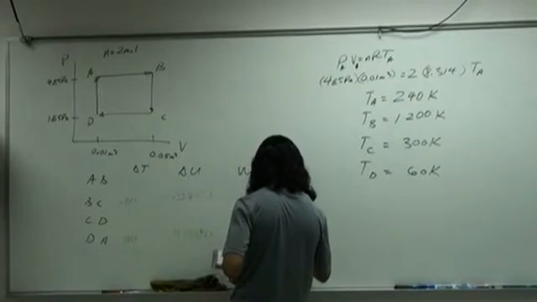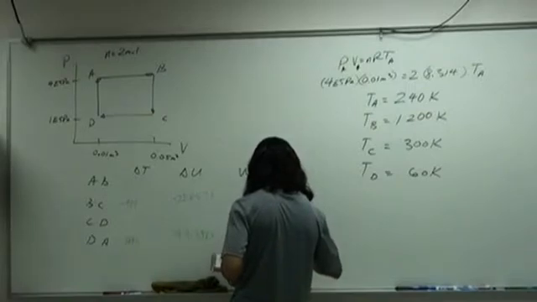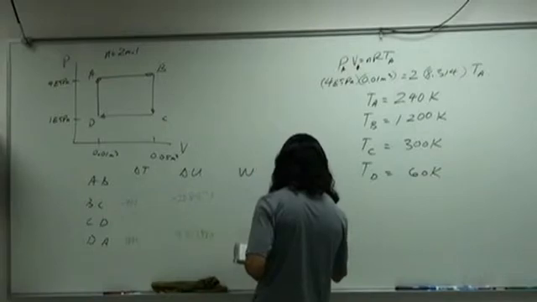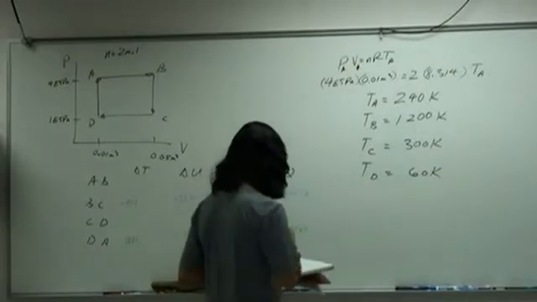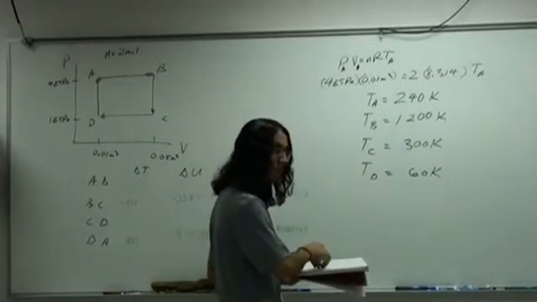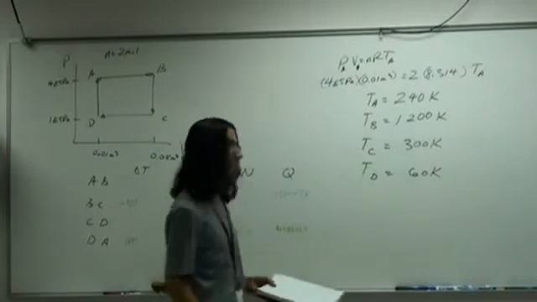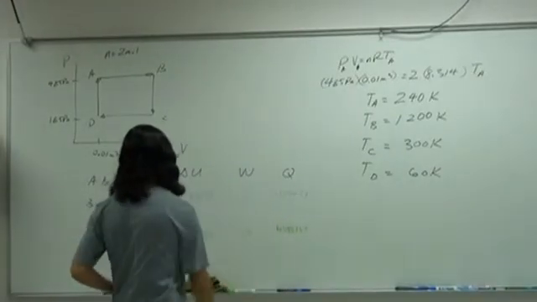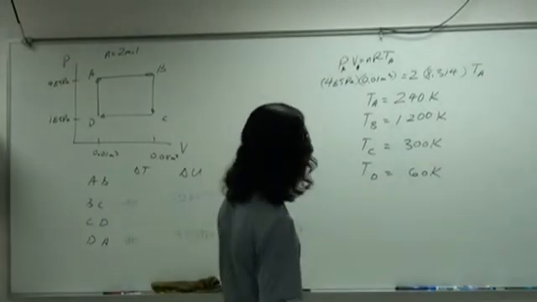Wait, is that work zero? Since we're going straight up, is that work zero? Yeah. Hey, Jonathan, you didn't multiply by both. I'm pretty sure I did, because it's 3 over 2 times 2 times the volume change. Yeah, zero work.